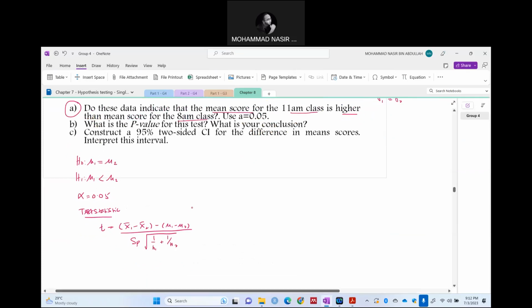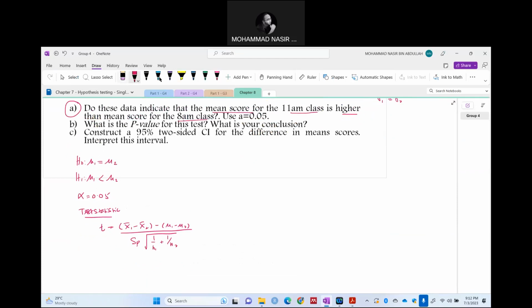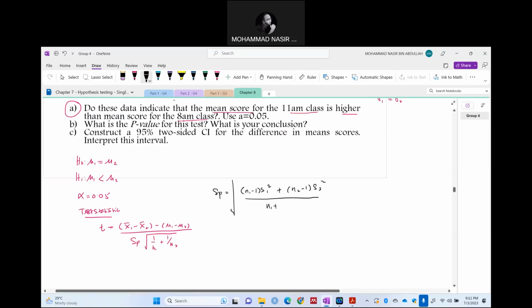The value of the pooled standard deviation Sp is equal to the square root of (n1 minus 1) s1 square plus (n2 minus 1) s2 square, divided by the degrees of freedom n1 plus n2 minus 2.